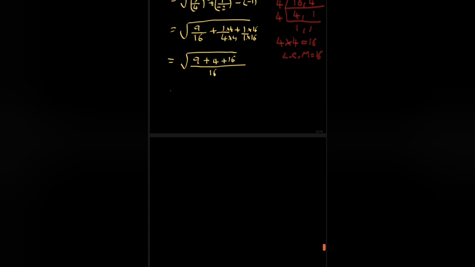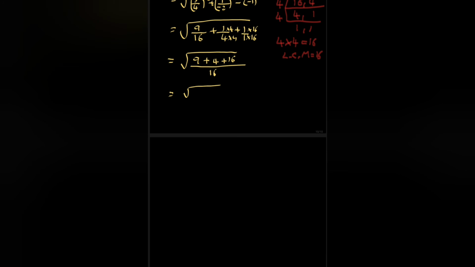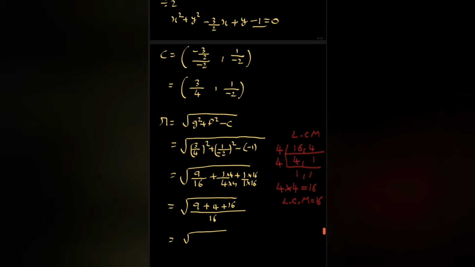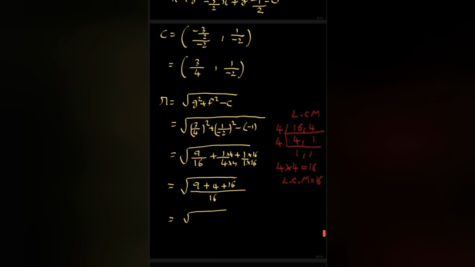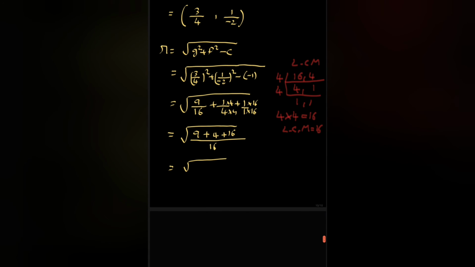Then we get root over... sorry guys, actually we have to divide this whole equation by 2. So we get C is equal to by 2. So 8 twos are 16.